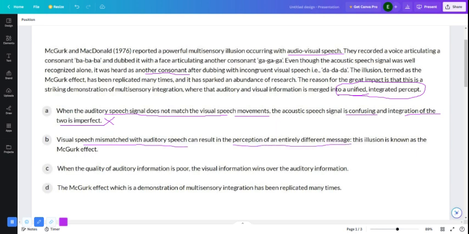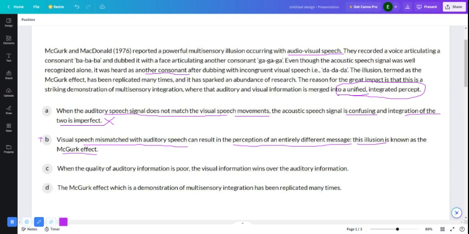When you hear the speech alone, it can be recognized, but when you hear it with a different visual speech, a different meaning comes. It was heard as another consonant. So the perception of an entirely different message is coming, and this illusion is known as the McGurk effect. So we can hold this.